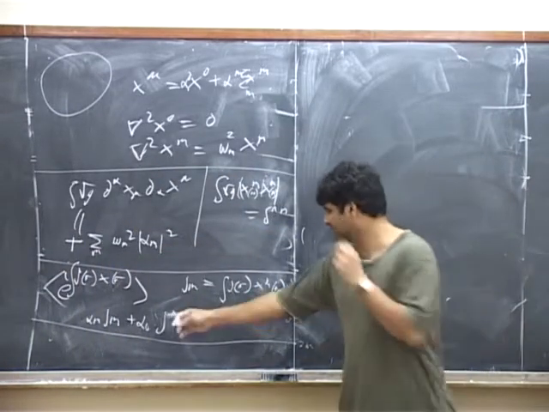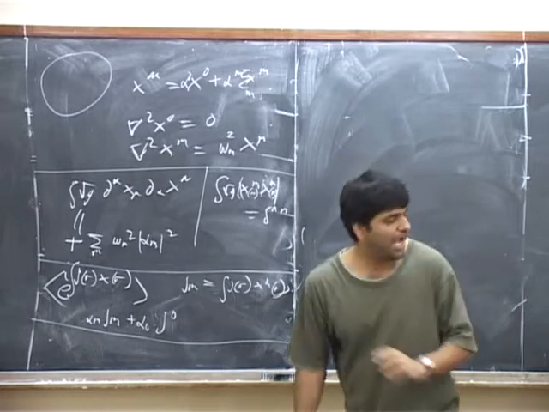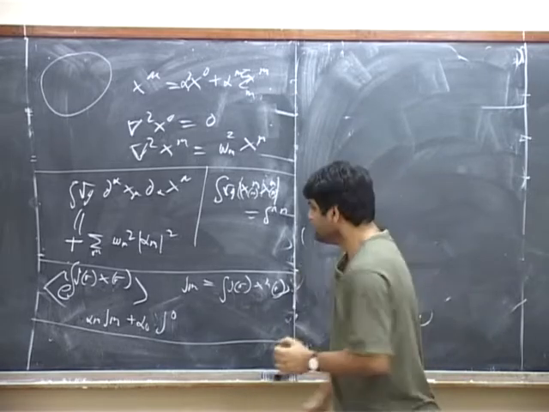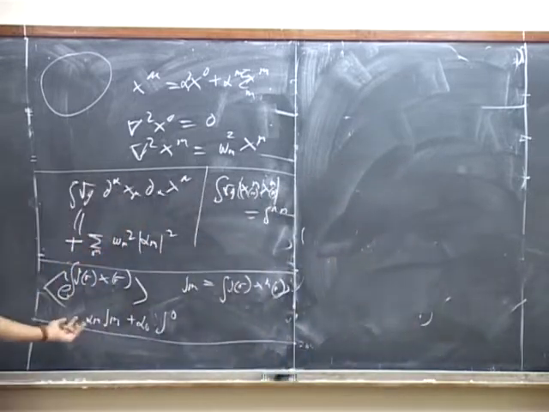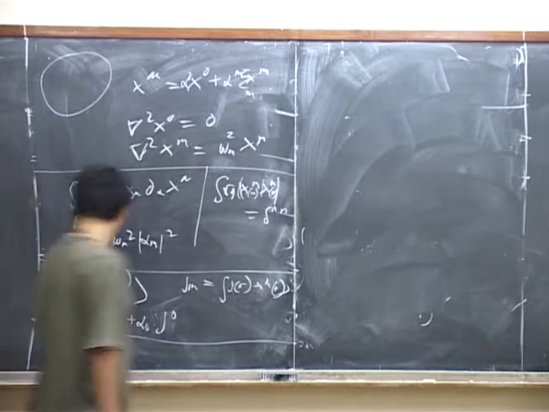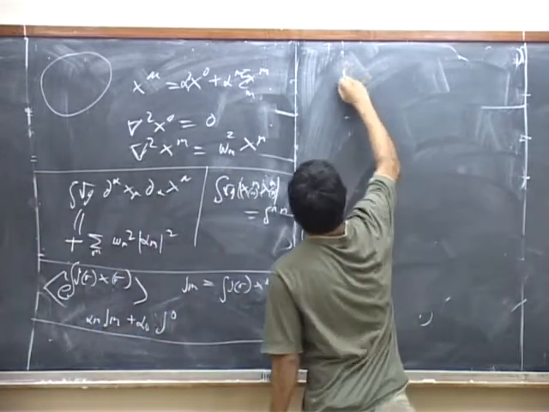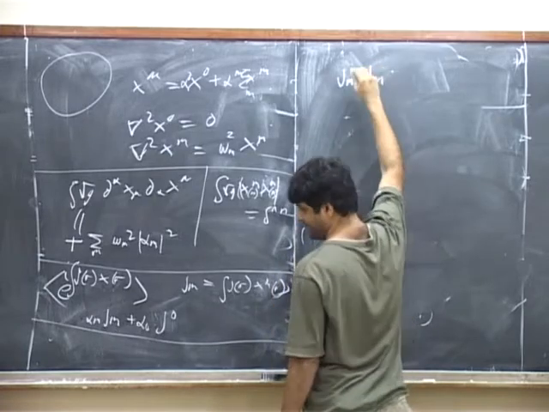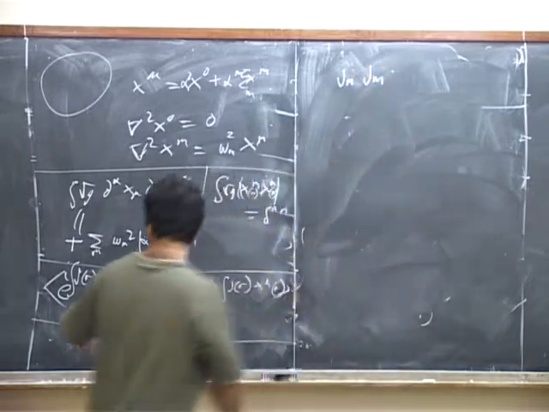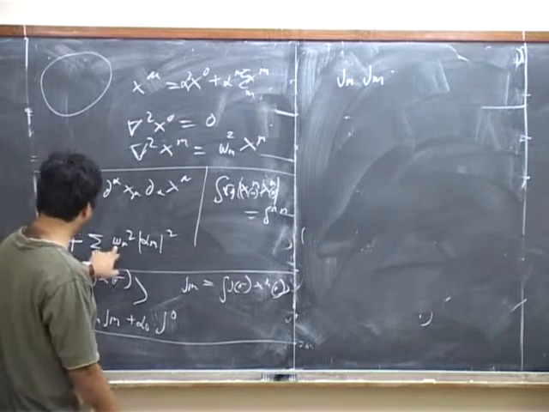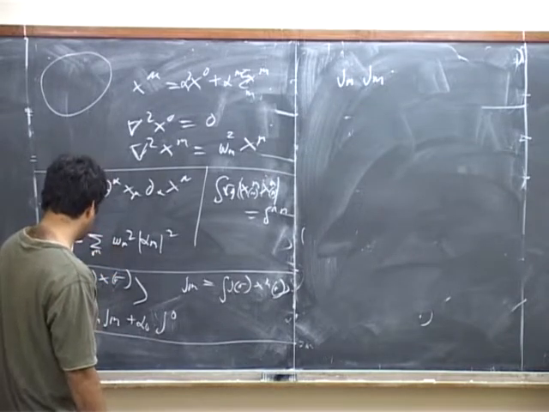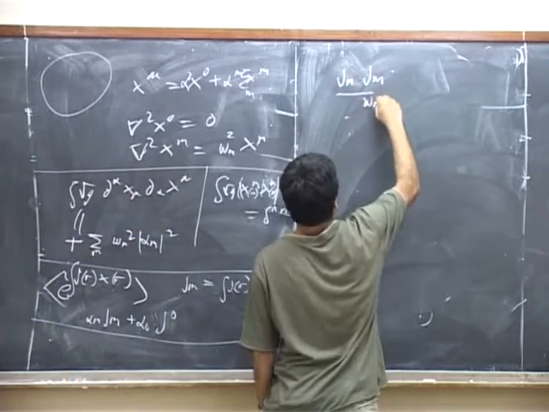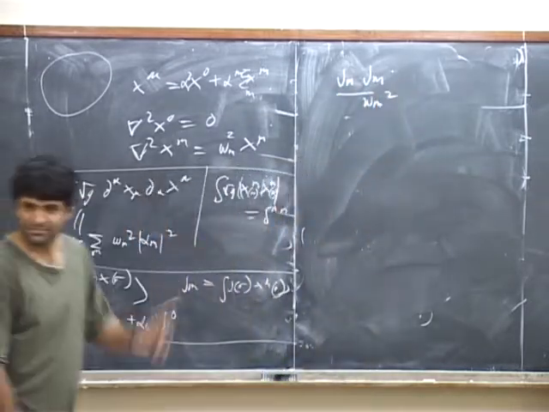So let me just finish on this. Okay, so what do you get? What we get is J_m times J_m. Now you're completing the square. There was an omega m squared. So you get, divided by omega m squared, roughly, maybe some 2s and so on. Okay?